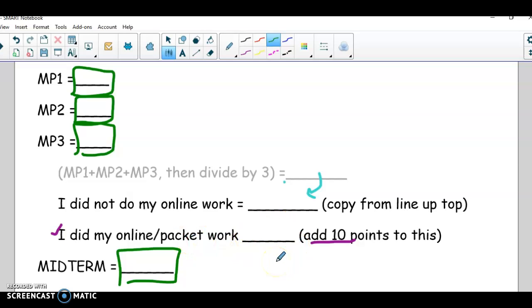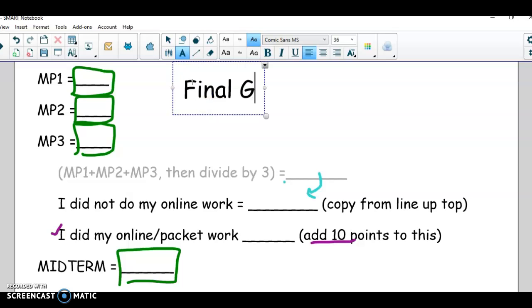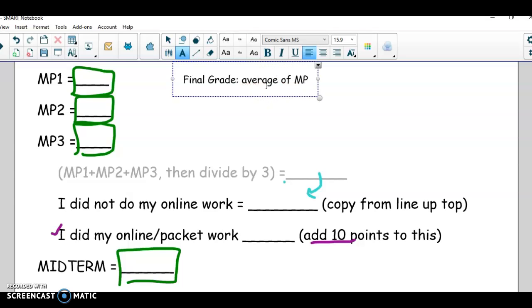And you want to find the average of those scores. So your final grade would be the average of MP1, MP2, marking period 3, your midterm, and either this or this.